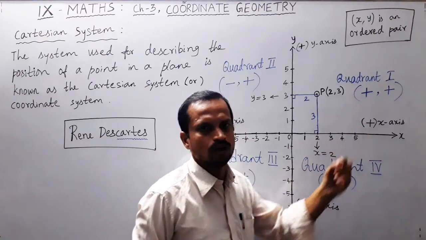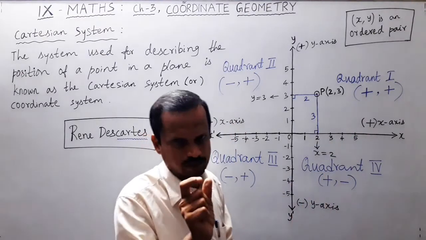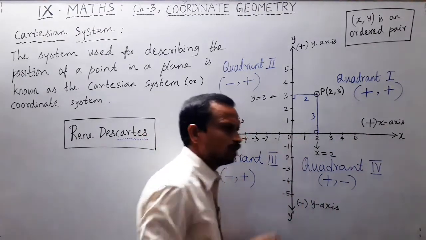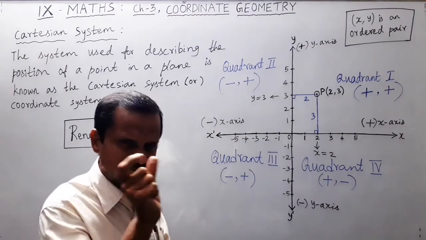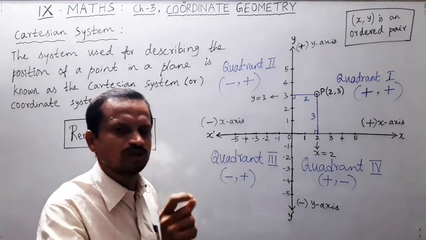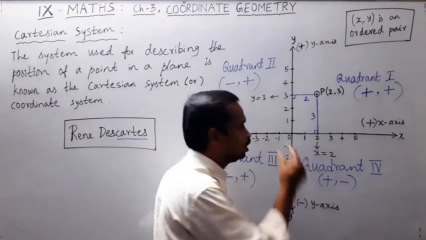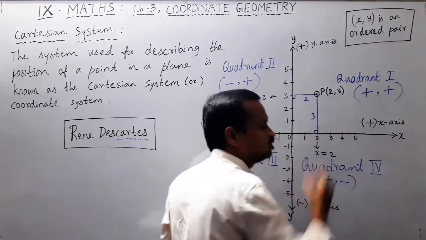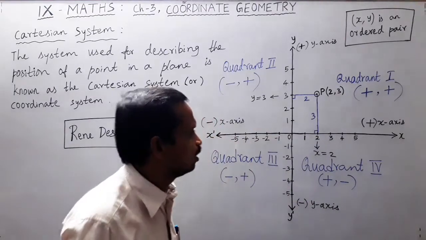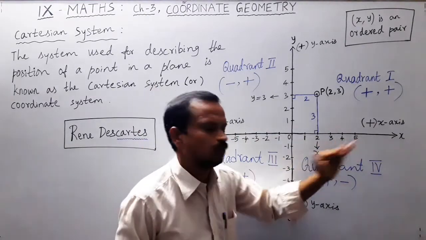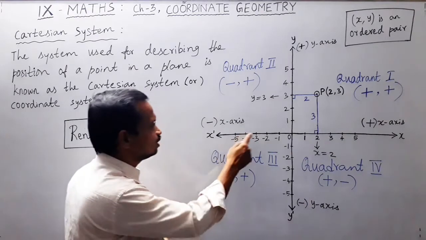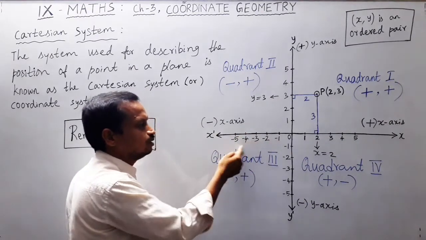We have to take equal distance to represent each unit: 0 to 1 is 1 unit, 1 to 2 is 1 unit, 2 to 3 is 1 unit, like that. So 1, 2, 3, 4, 5 is the positive x-axis, and here -1, -2, -3 on the left side.